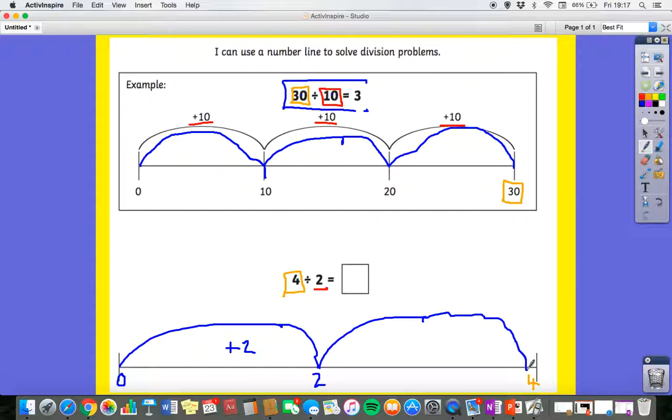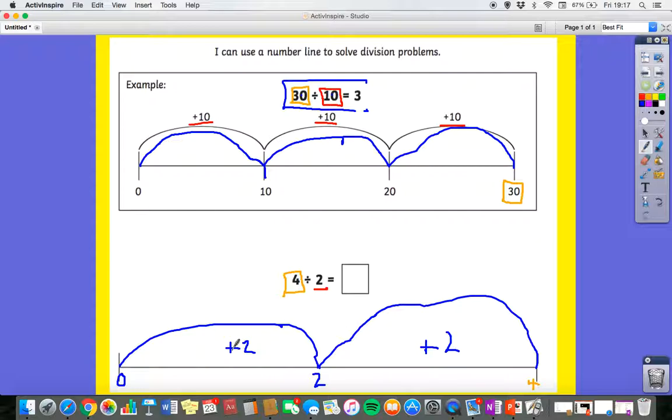Now I didn't quite make it to 4 there. Let me not confuse you. The reason I'm rubbing this jump out is because I stopped just before 4, and that's technically not correct, and we want to be correct in number. So I'm doing a jump of 2, and I'm stopping at the line. Now it doesn't matter that it's not a perfect line for your jump, as long as I get the numbers right.